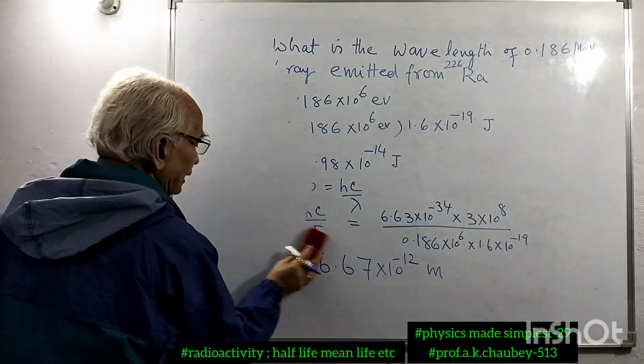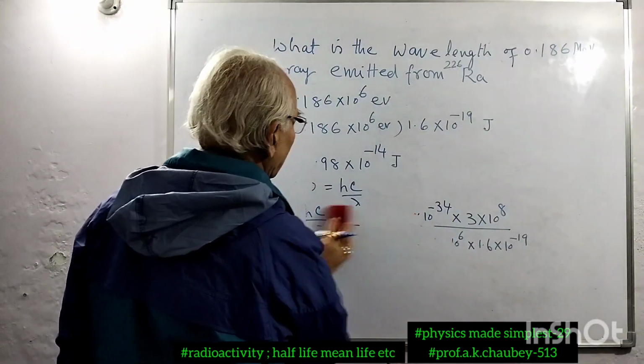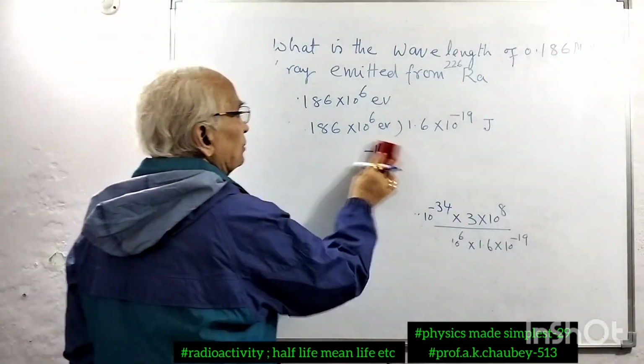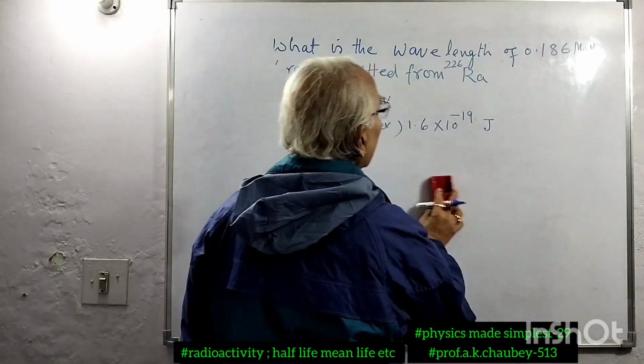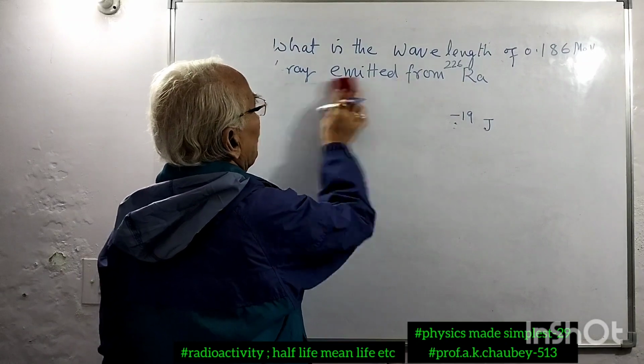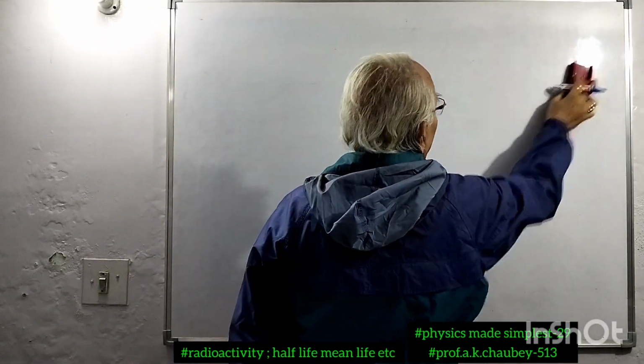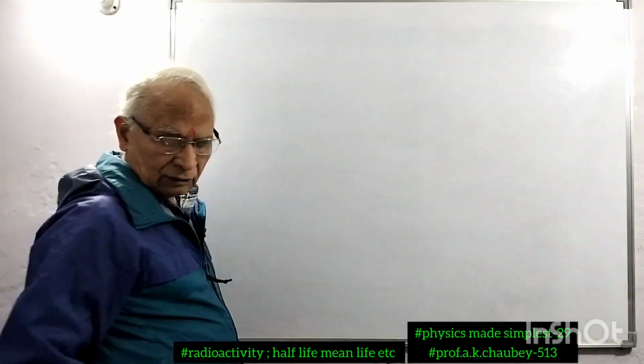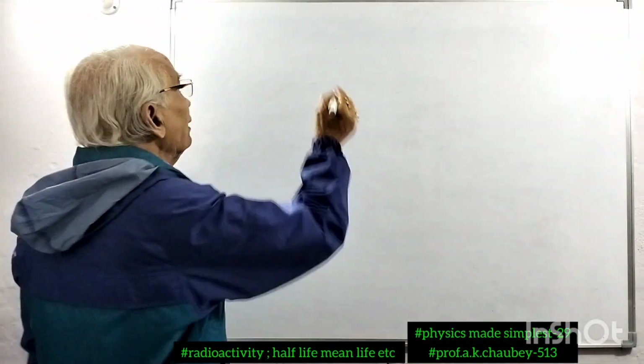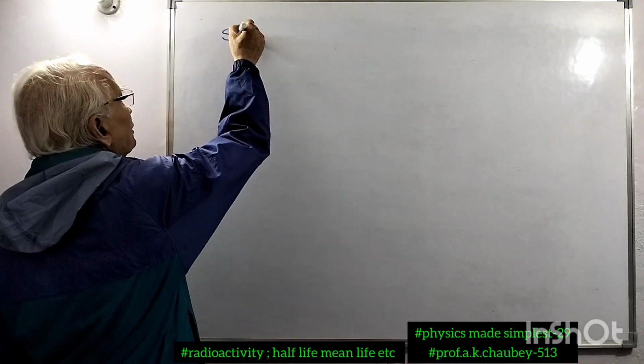Okay. Now tell me, I raise a question: why are systems stable? Stability, why the nucleus, why the universe, why the elements in nature are stable? So what is the stability consideration?